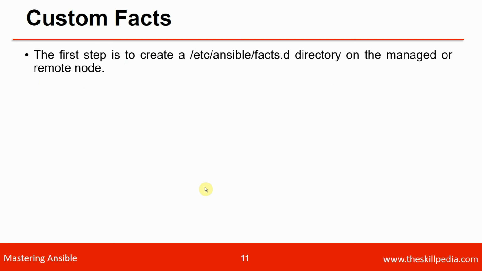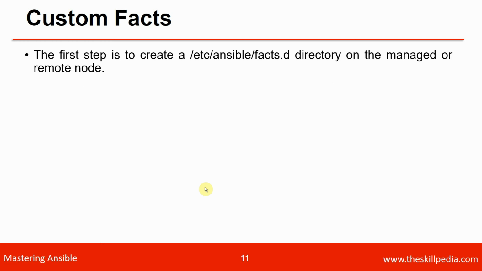Now custom facts. What if you want to create a fact on a remote machine, on the remote machine itself, and which you want Ansible to collect, to work on? The first step is to create a directory on that remote machine.